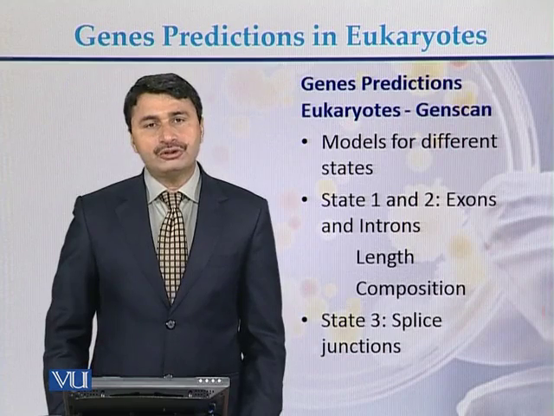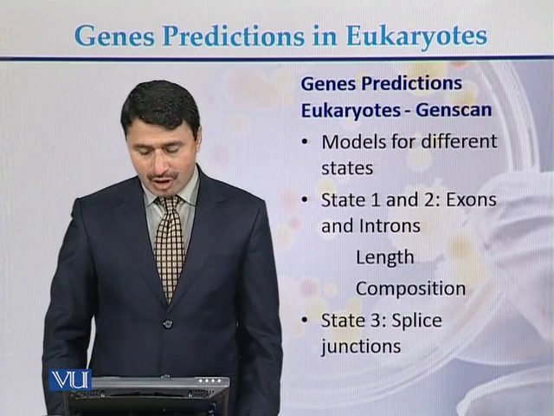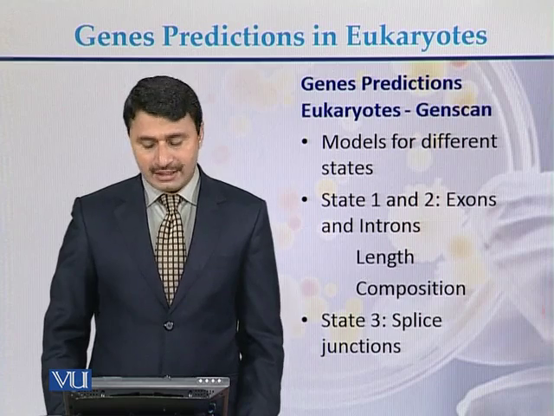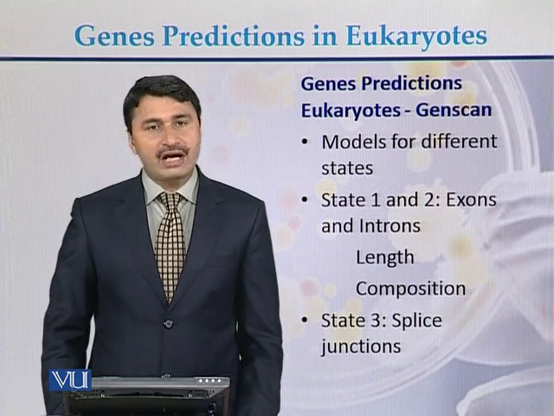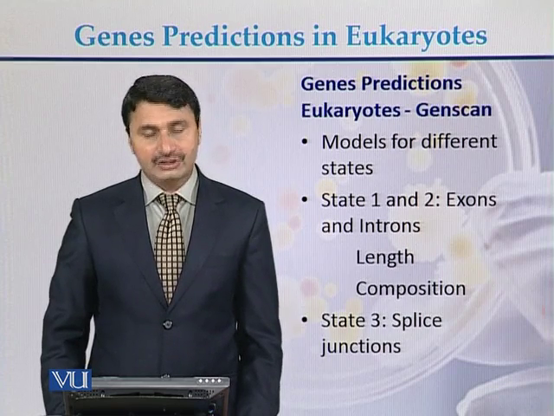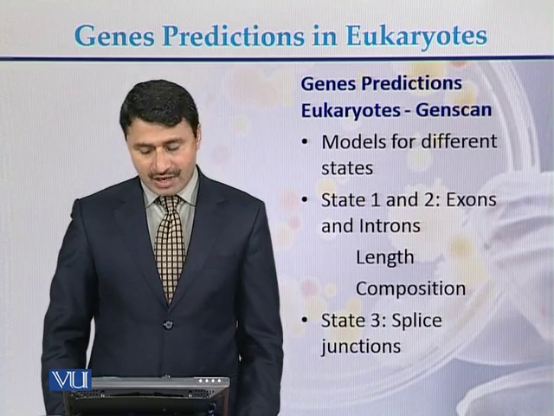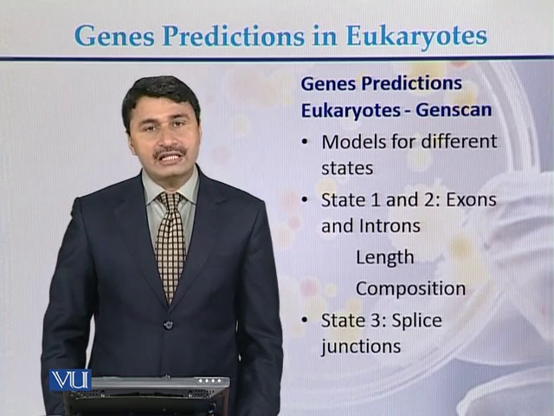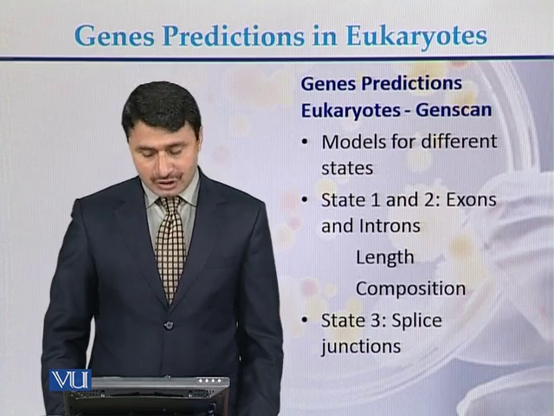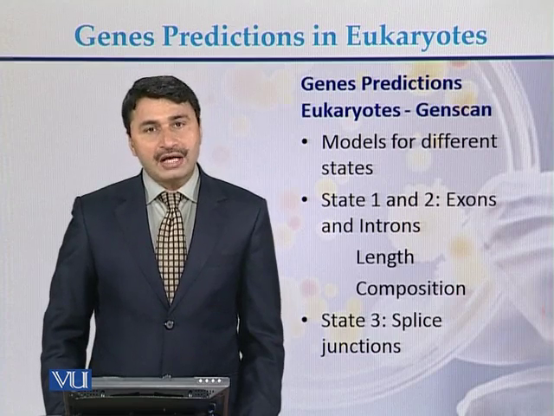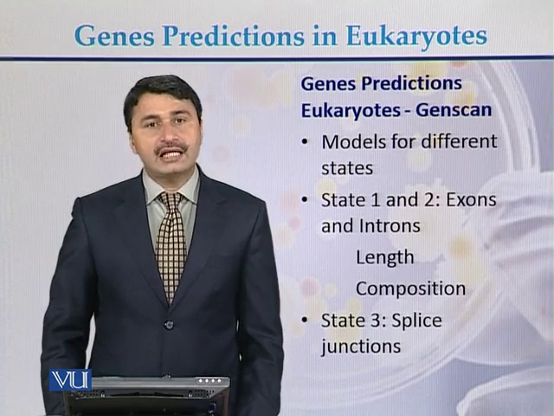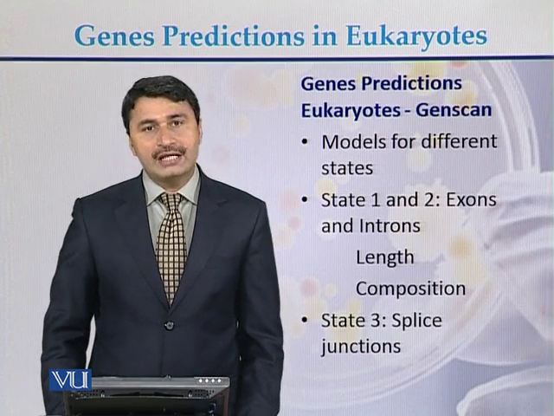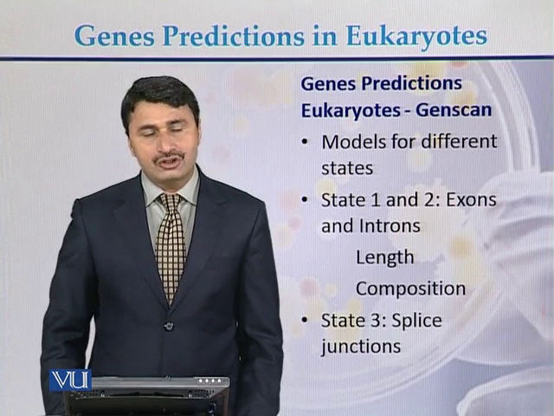In addition to these two, there is another gene tool which is called GENSCAN. GENSCAN models different states. There are 3 different states. State 1 and state 2 are for the exons and introns, to identify their length and the composition of the nucleotides within the exons and introns.